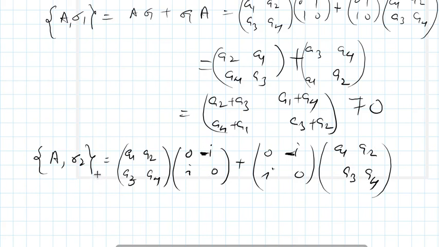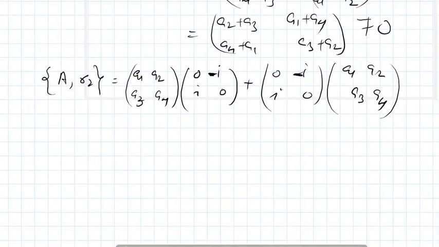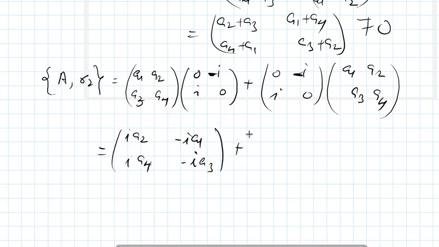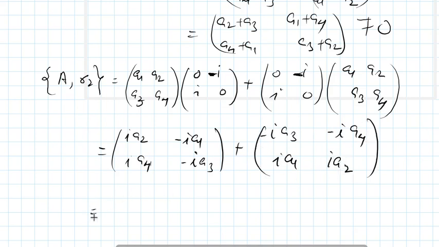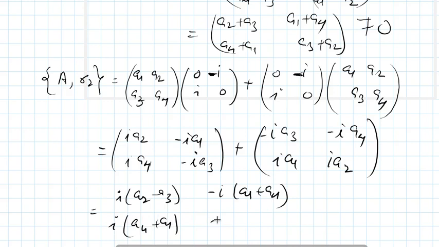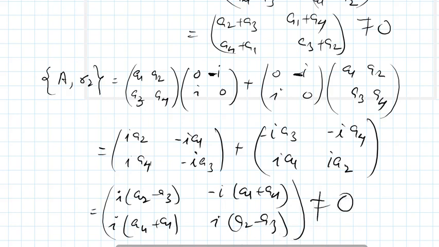If we solve this, it can be written as [[i(A2 - A3), -i(A1 + A4)], [i(A4 + A1), i(A2 - A3)]], and this matrix is also non-zero.